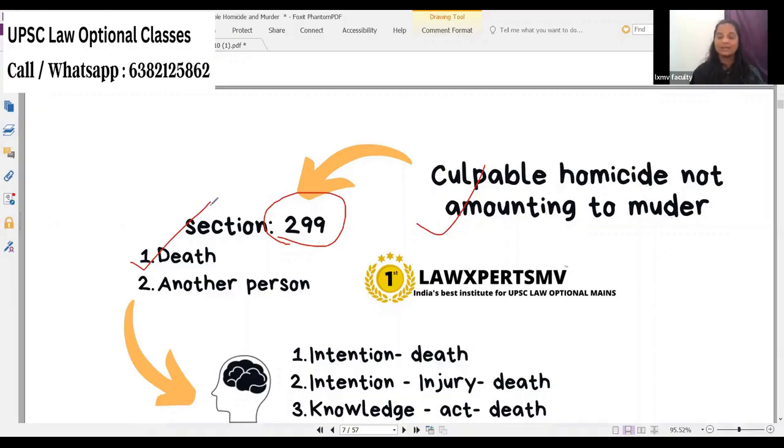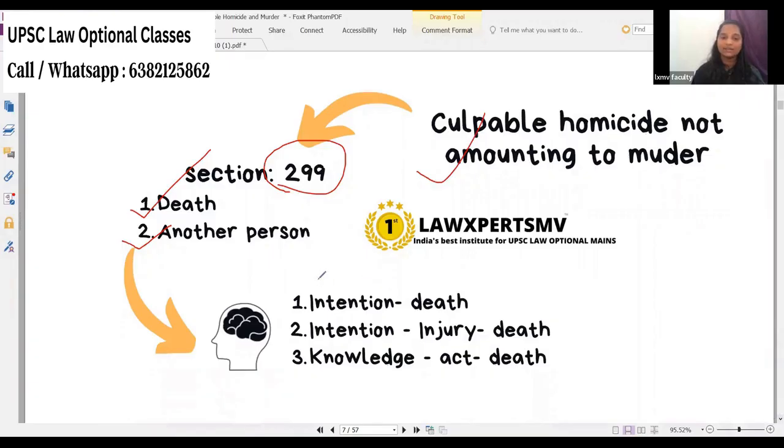And this death must be caused by another person. I told you, homicide means killing of a human being by another human being. So if a natural calamity or an animal is causing the death, then it is not culpable homicide. And not only this, the death must be caused in one of these three situations.